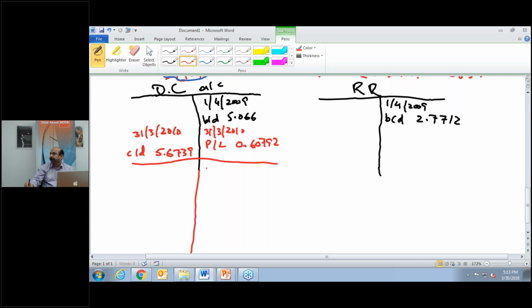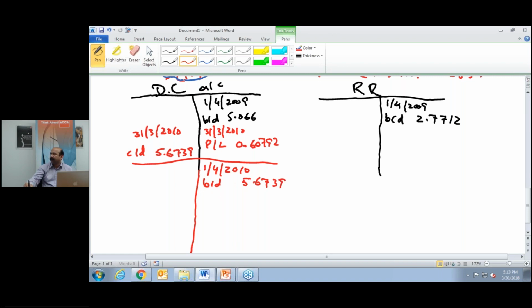Then the opening balance on 1st April 2010 will become 5.6739.